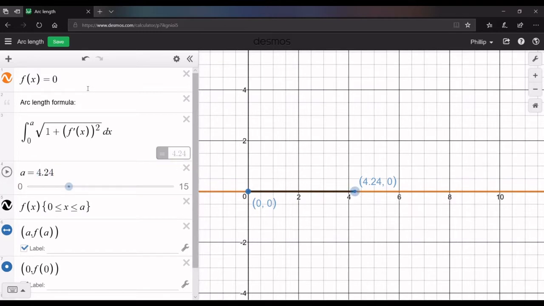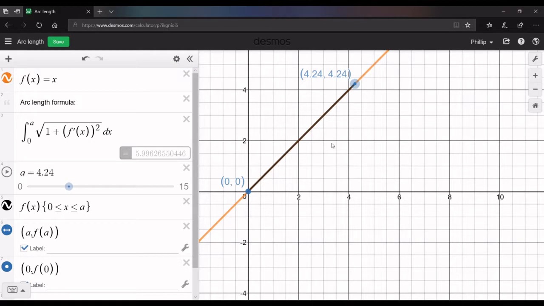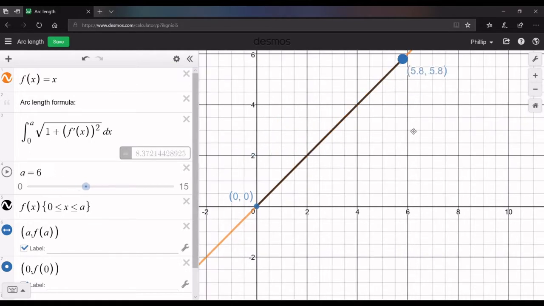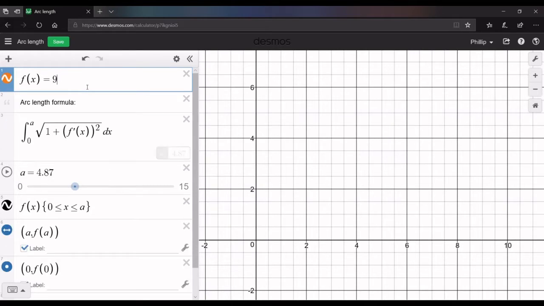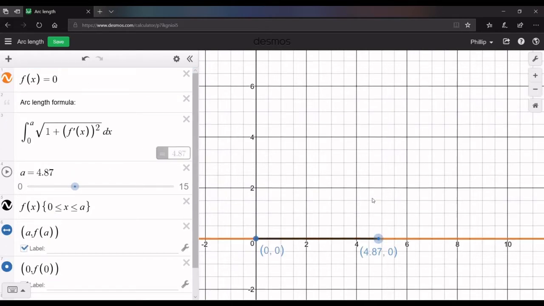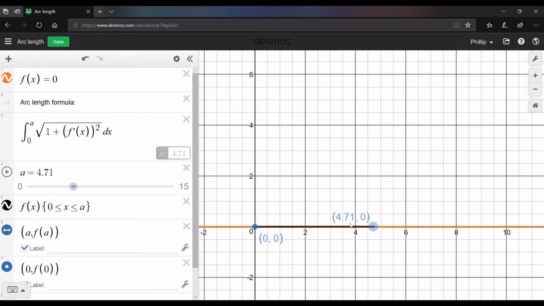But if I was to make this graph like x, then this value times the square root of 2, or about 1.4, is what this value is going to be, because that's the length of this line right here. But as you can see, this value right here matches up with this, which means, at least for a horizontal line, that this works.